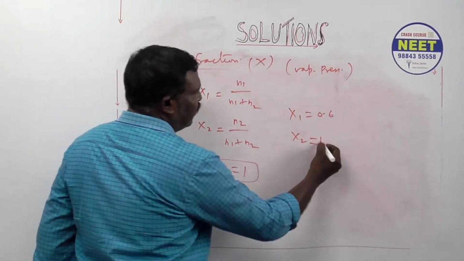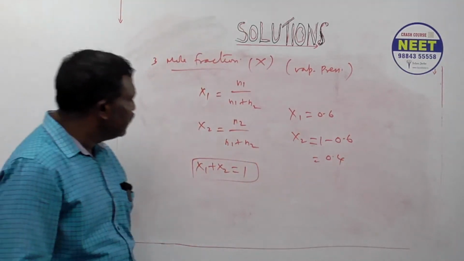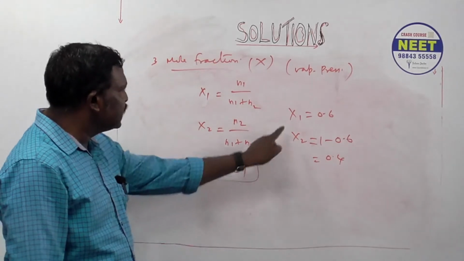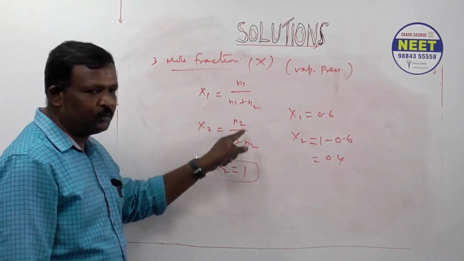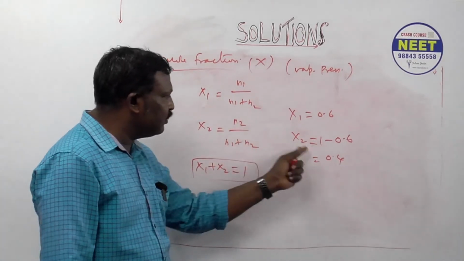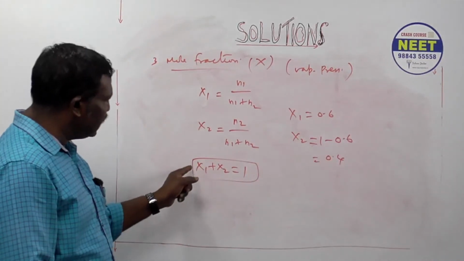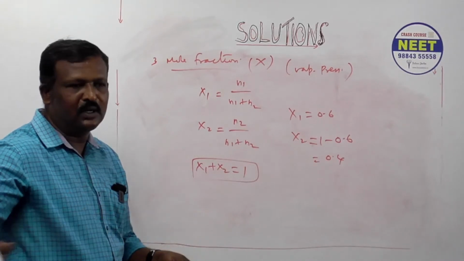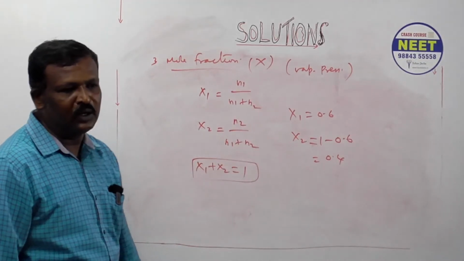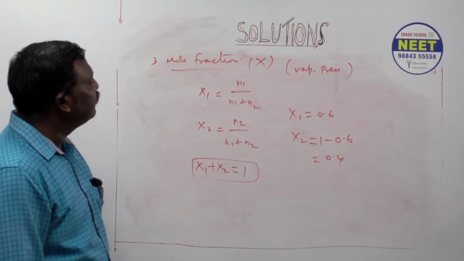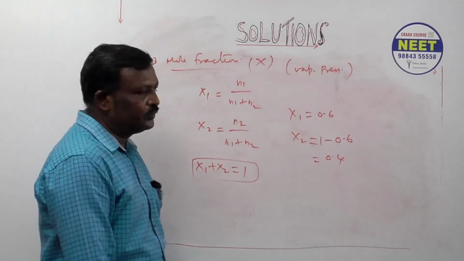So X2 is 1 minus X1, 1 minus 0.6 gives 0.4. Understood. If there are X1 plus X2 plus X3, with 3 components or 4 components, the total is always 1 only.